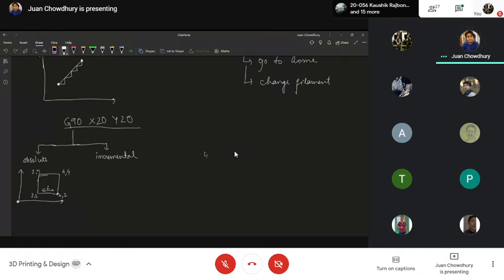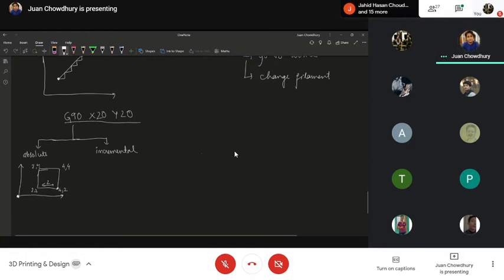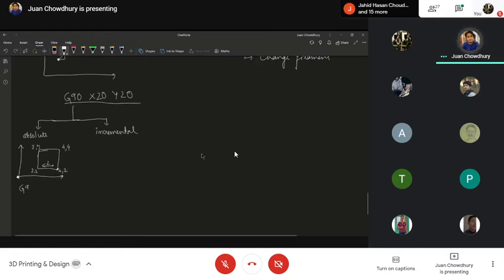If I have to express this in the absolute coordinate system, I'll start off from the 0th point. In the incremental system, I'll start off by adding relatively. If the command is to move from origin to this particular point, it will be G90, X2, Y2.